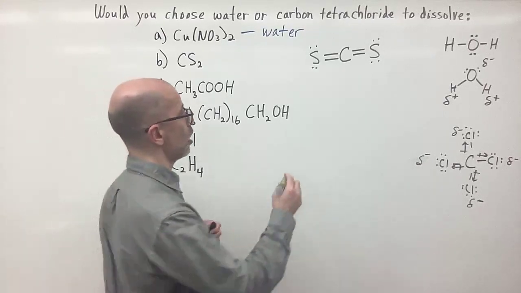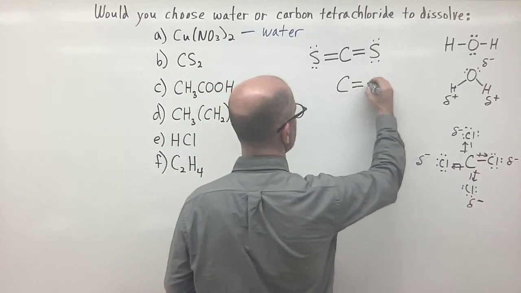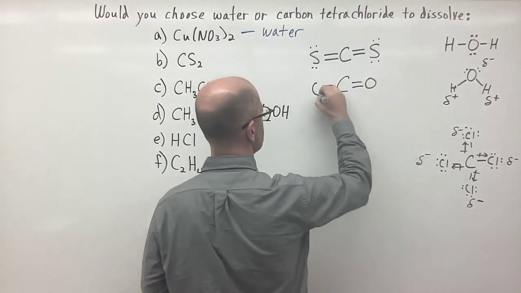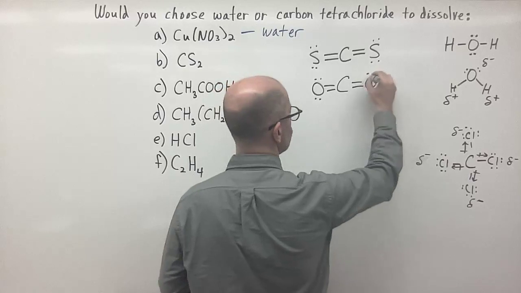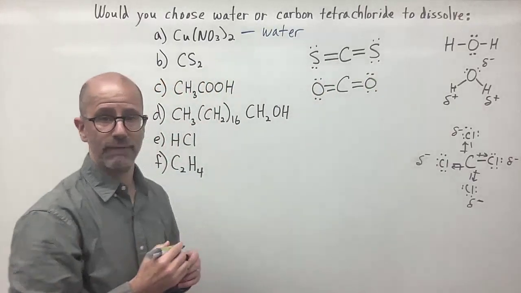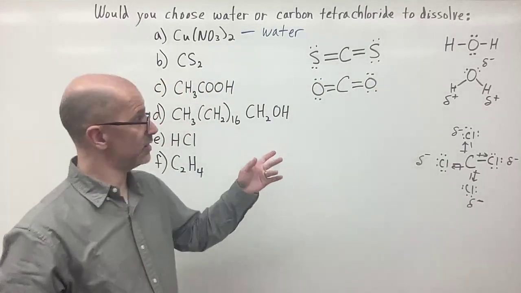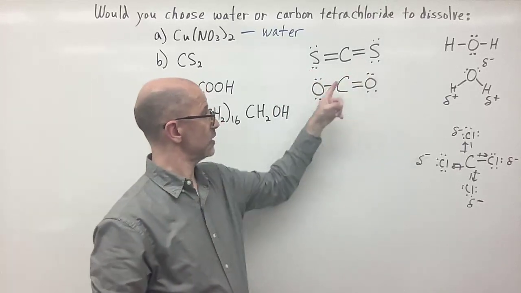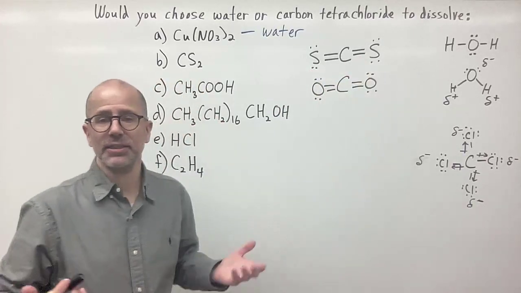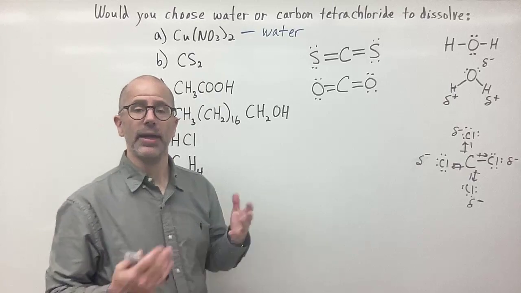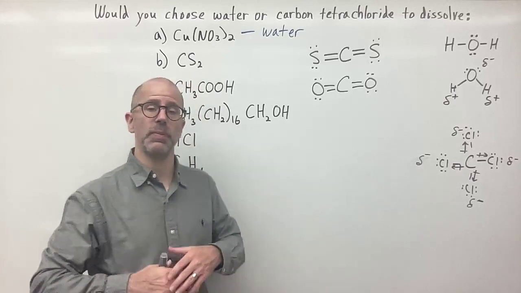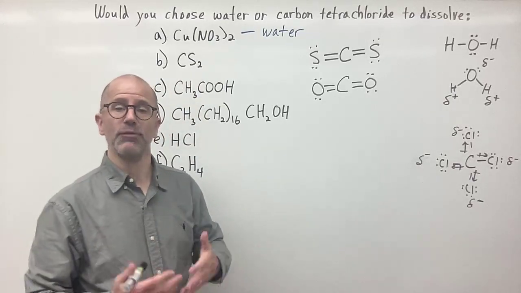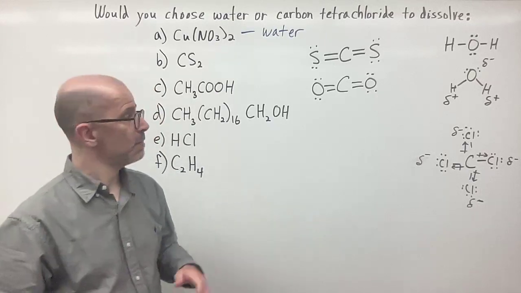Just like with carbon dioxide, which has this Lewis dot structure, notice that they're very similar. They're exactly the same except for sulfurs instead of oxygens, and that's to be expected because sulfur and oxygen are in the same group, so we would expect them to form similar compounds.